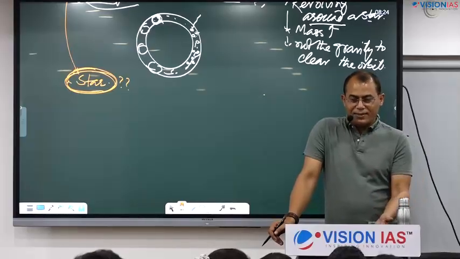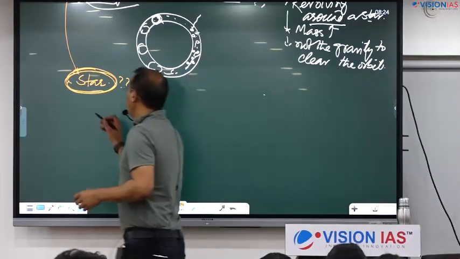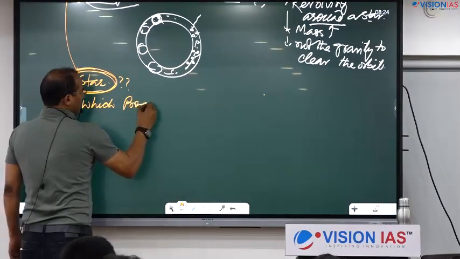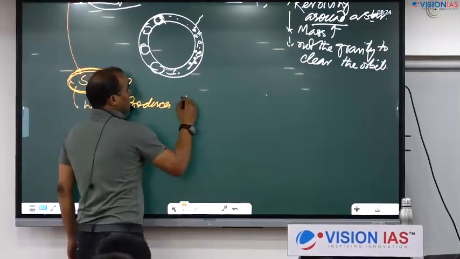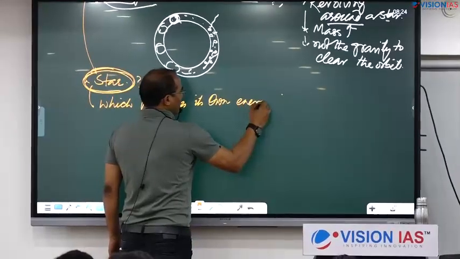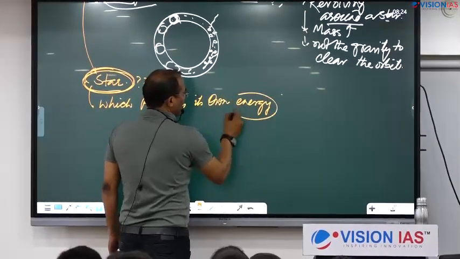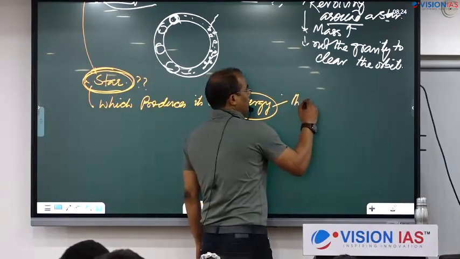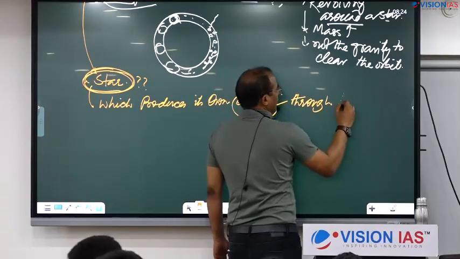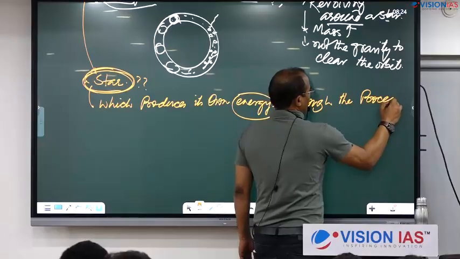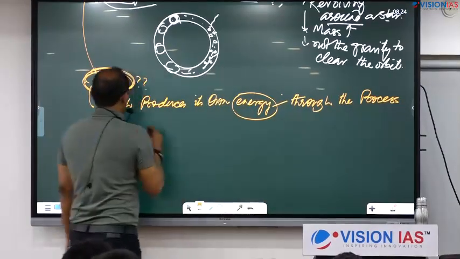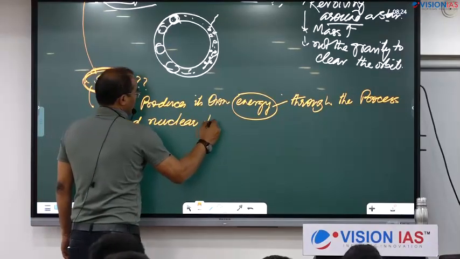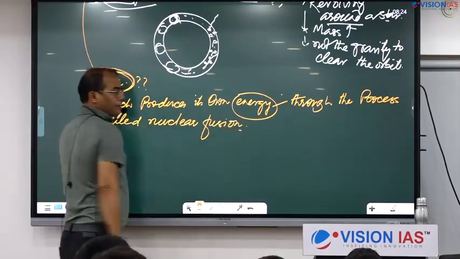Right. So a star, what is a star? The celestial body which produces its own energy. A part of that produced energy is seen in the form of light, right? Which produces energy through the process called nuclear fusion.